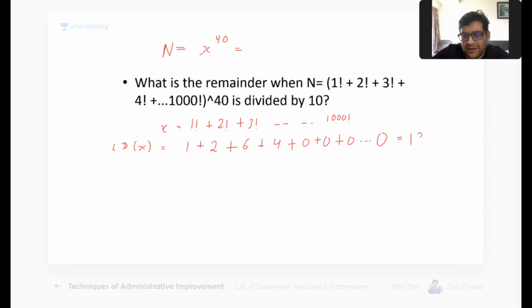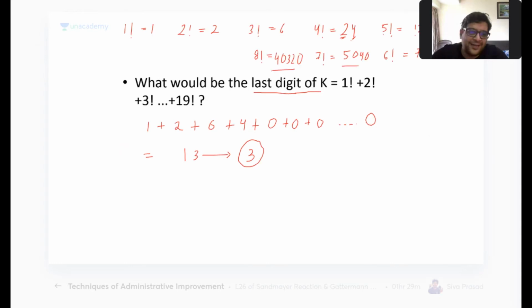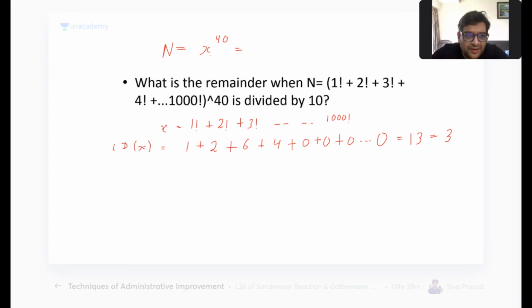So overall, my number will come out to be 13, or the last digit that we are looking for will come out as 3. Since this was 19 factorial, my answer came as 3. If instead of 19 factorial, I went till 20, 21, or 1000 factorial, it would still have been 3, because whatever factorial I add after the first four values doesn't make a difference.